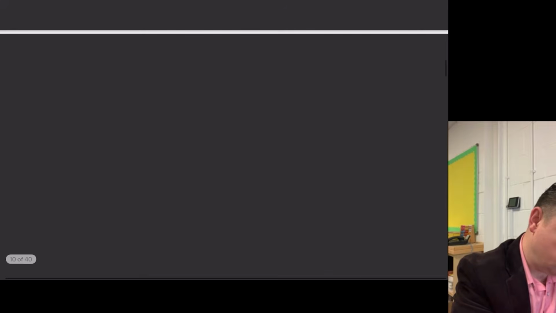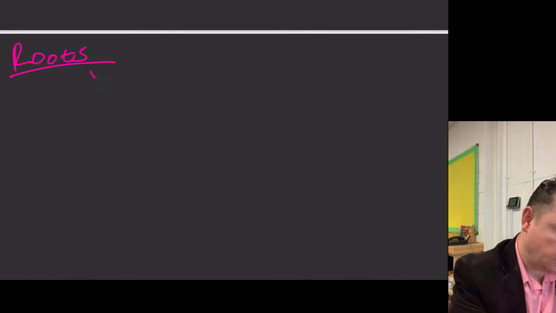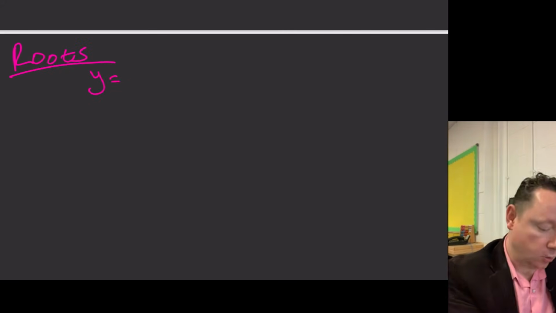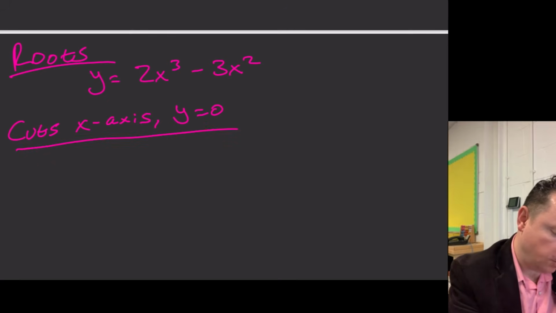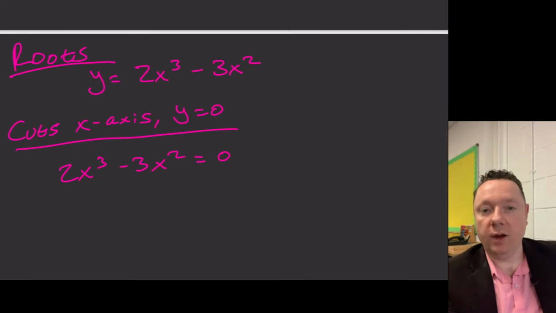Looking at the roots, remember the original function was y equals 2x cubed minus 3x squared. It cuts the x-axis when y equals 0. So we make 2x cubed minus 3x squared equal to 0 and solve that equation.